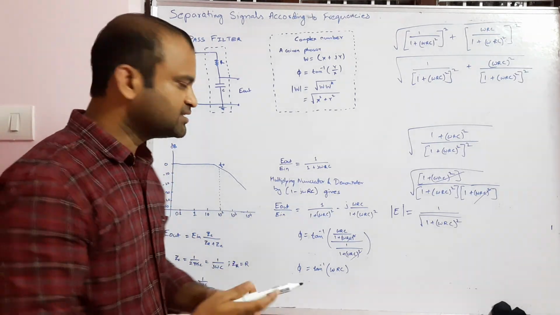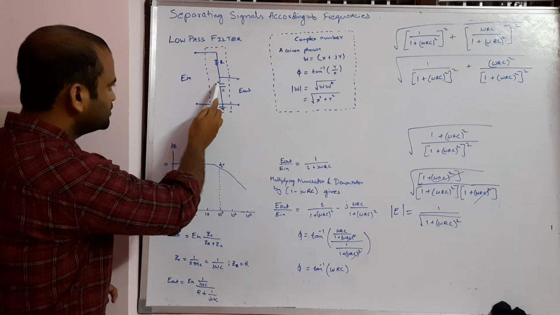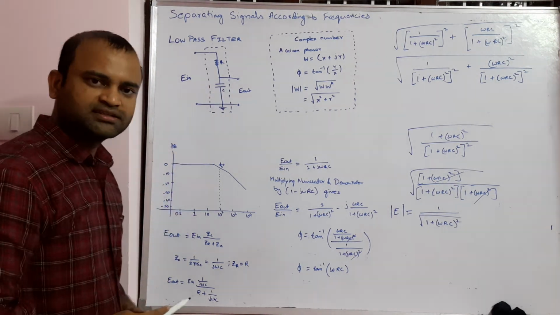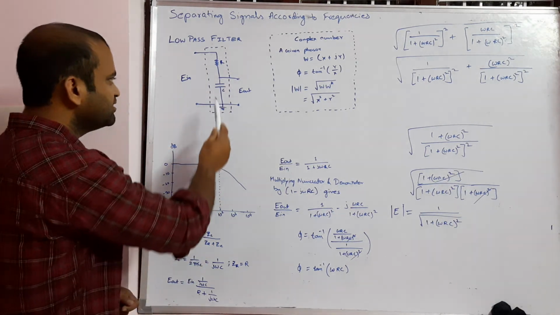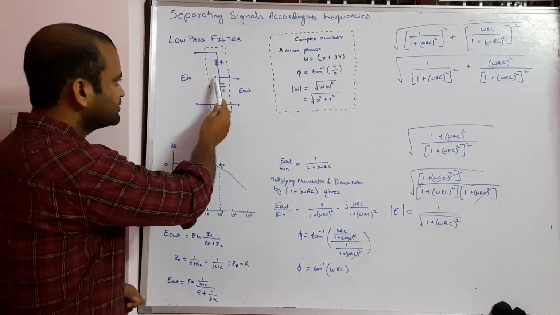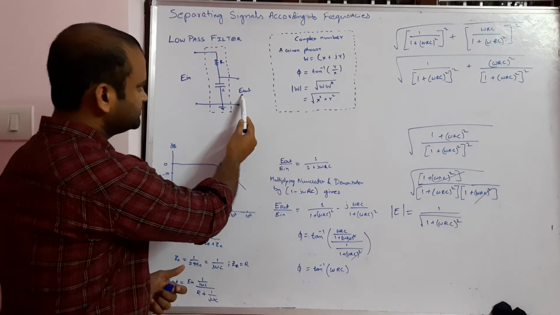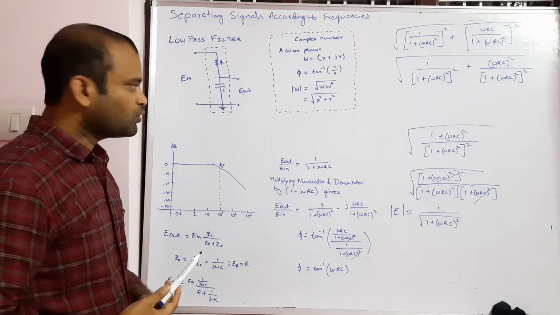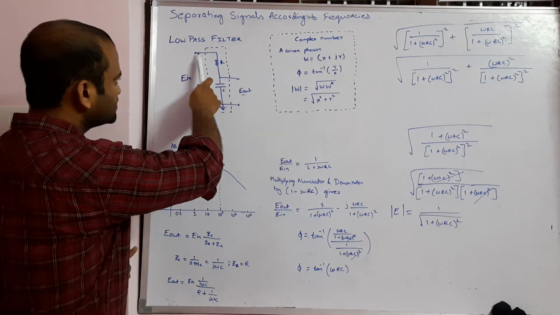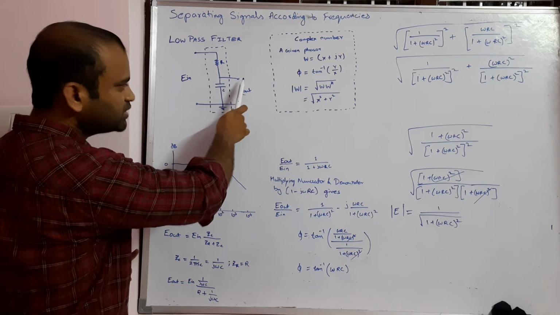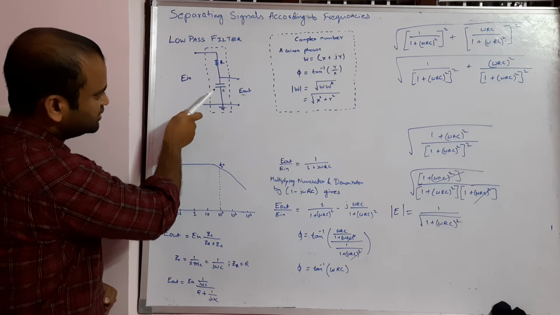Because of this, the high frequency components are passed to the ground. They are grounded, and low frequency signals are allowed to appear at the output. So you can see low frequency signals are able to go to the output, but high frequency signals are shorted.